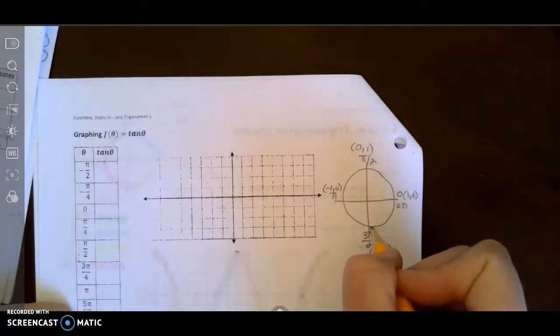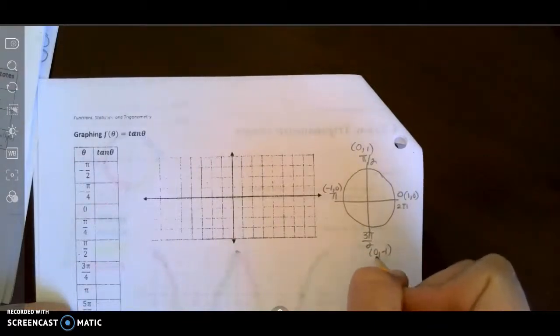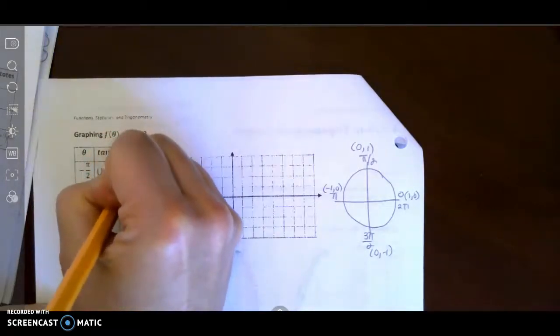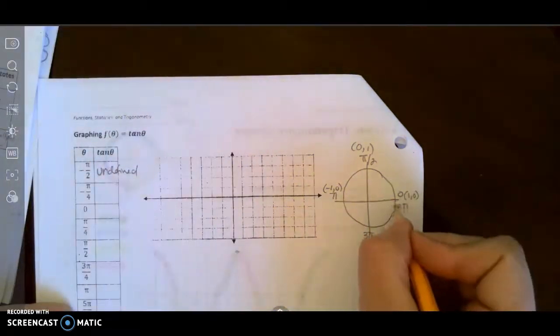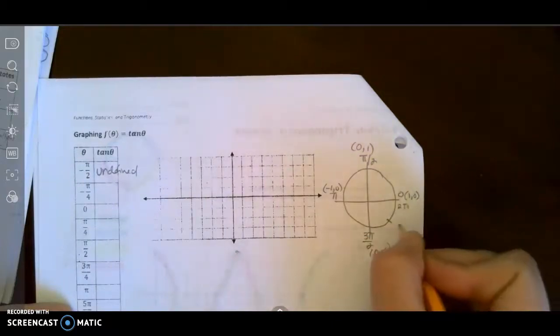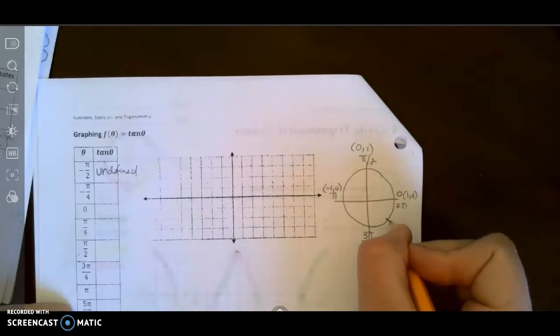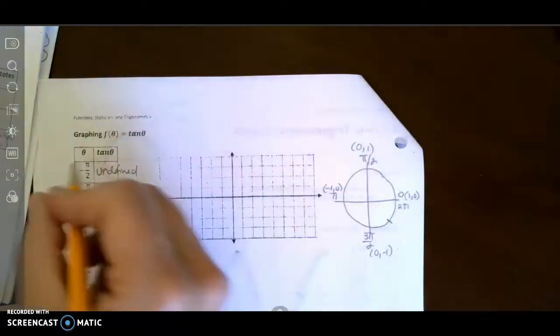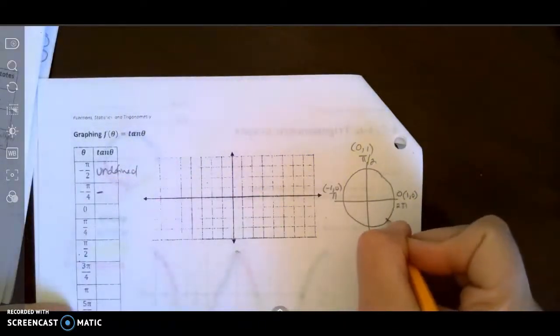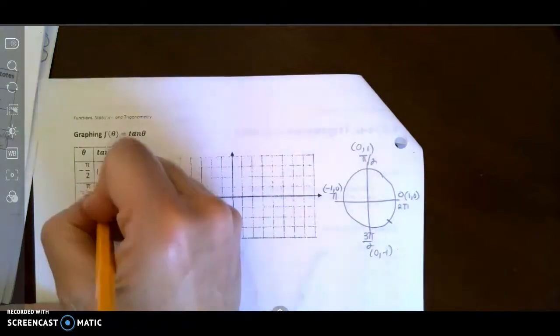The tangent would be negative 1 divided by 0, which is undefined. At negative pi over 4, which is right here, remember, tangent in this quadrant is going to be a positive over a negative, so it's going to be negative. And it's square root of 2 over 2 over square root of 2 over 2, so it's 1.